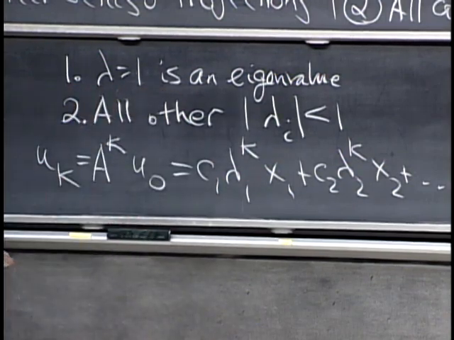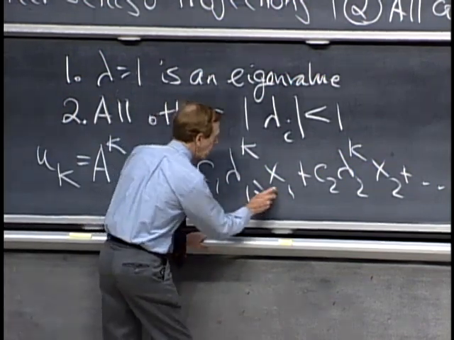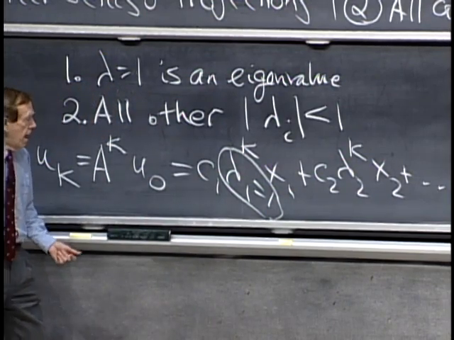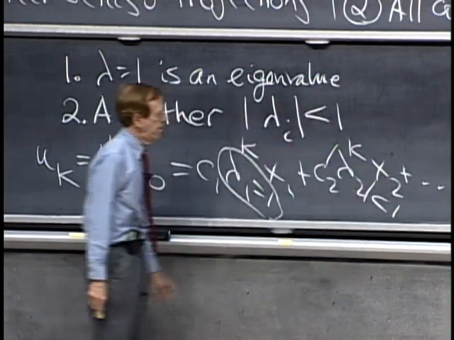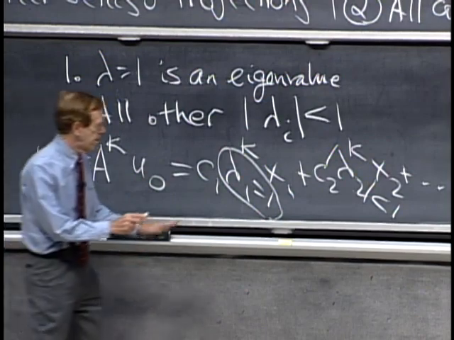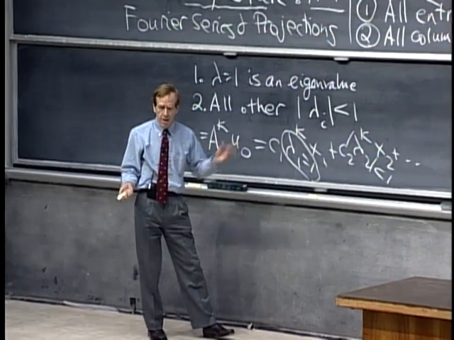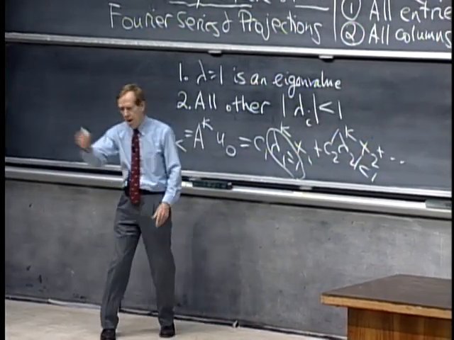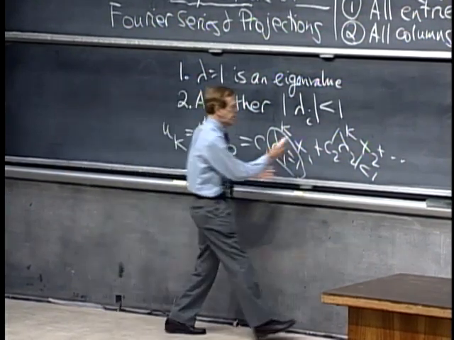And now you can see what the steady state is going to be. If lambda 1 is 1, so lambda 1 equals 1 to the kth power, and these other eigenvalues are smaller than 1. So I've sort of scratched over the equation there where we had this term, but what happens to that term if the lambda is smaller than 1? Then as we take powers, as we iterate, as we go forward in time, this goes to 0.